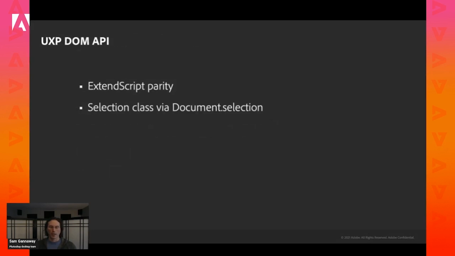So again, on the ExtendScript parity point, there was one item that I believe came in after June of last year, and that is selection, which is, not surprisingly, called selection under document objects. Again, it's aiming at that parity with ExtendScript. So if you're familiar with that, this should be familiar.